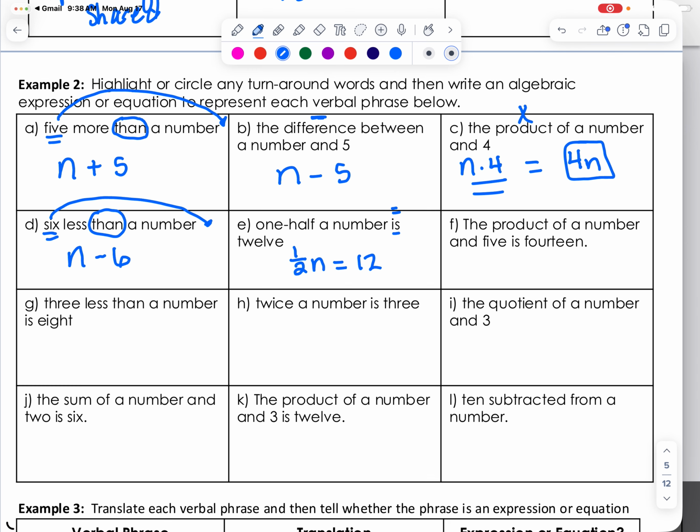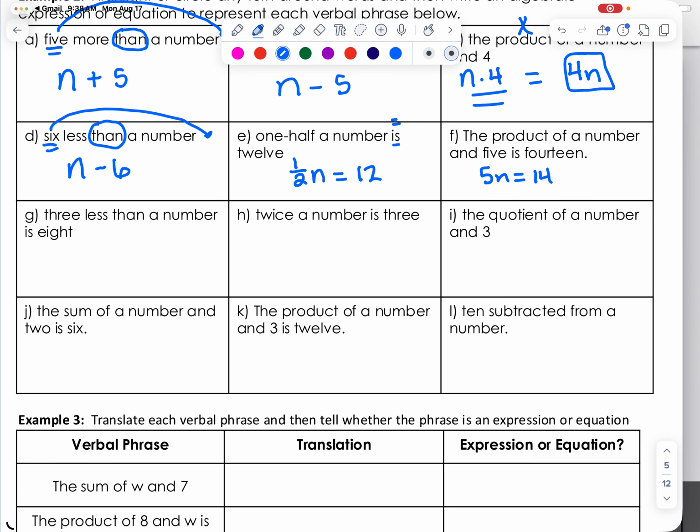All right. F, the product of a number and 5 is 14. So the way we write the product of a number and 5 is 5 times N, or 5N. For "is," we'll put equals, and it equals 14. So this says 5 times a number is 14.